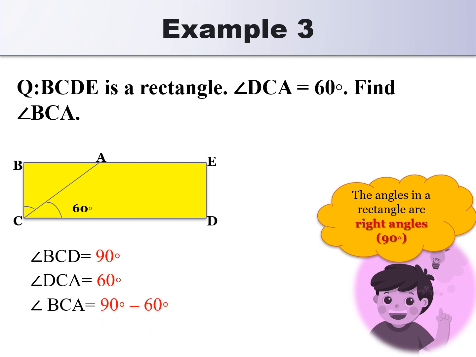Angle DCA is equal to 60 degrees. So angle BCA would be 90 degrees minus 60 degrees. When we subtract 60 from 90, we get 30. In this way, we can say that angle BCA is equal to 30 degrees.